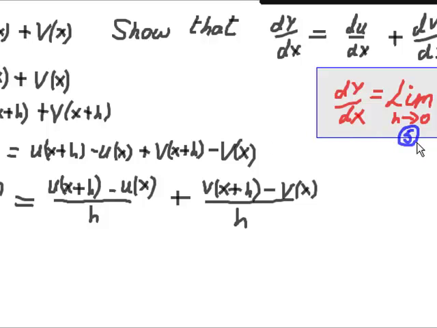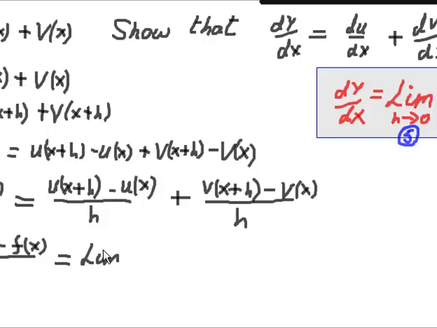And finally, step 5 is to get the limit of both sides. So the limit of f(x plus h) minus the f of x divided by h as h goes towards 0 is the limit of the two terms on the right hand side.